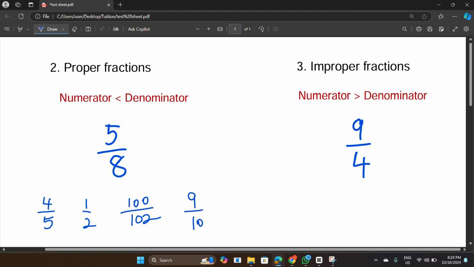These are examples of proper fractions. And for improper fractions, we can write 99/90, 11/10, 15/7, 4/3. That's all about proper fractions and improper fractions.